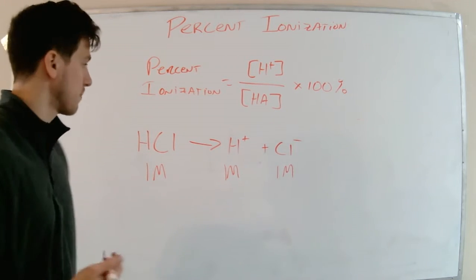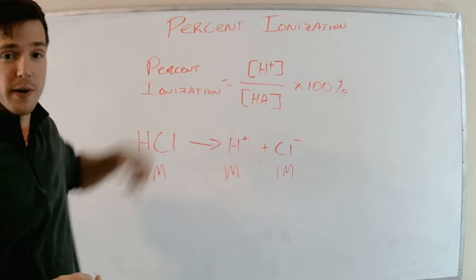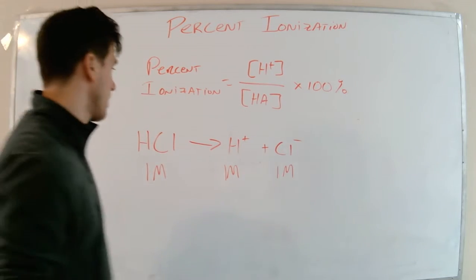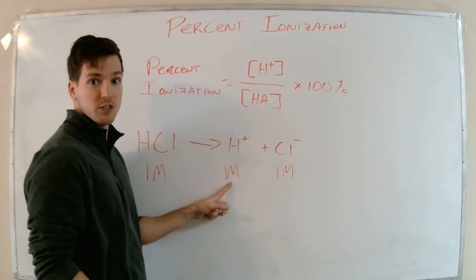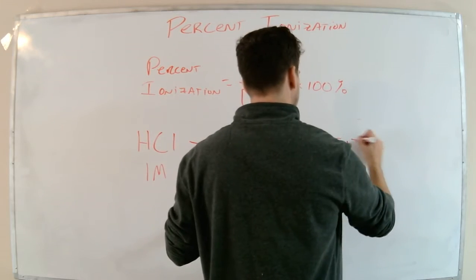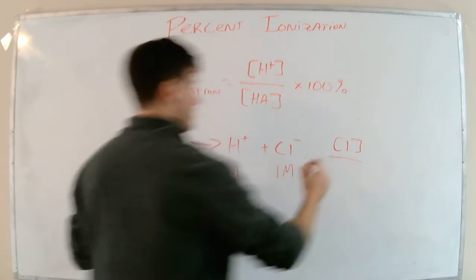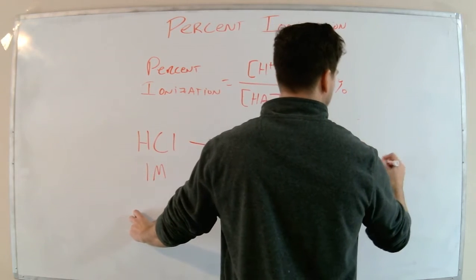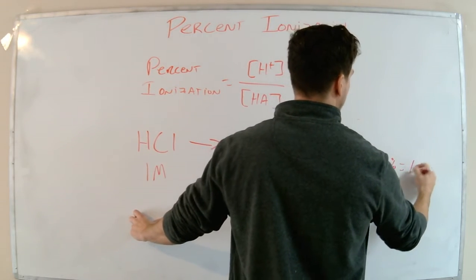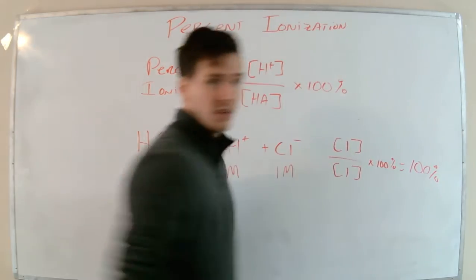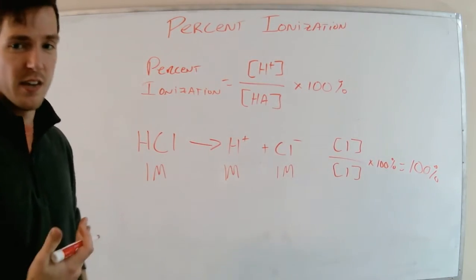Those are the same thing. So in this case, we would have the concentration of H plus, which is 1, over the concentration of our acid, which initially was 1, and we times it by 100, and its percent ionization is 100%. Okay?